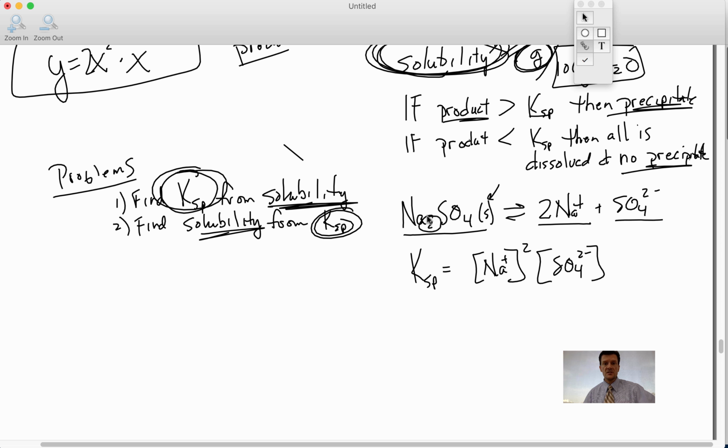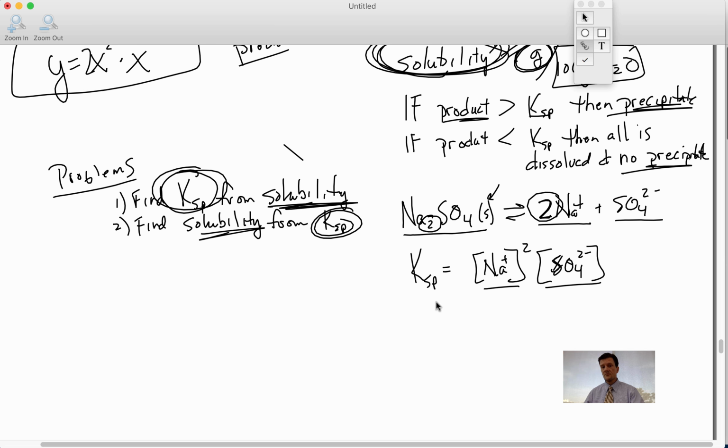Right here you see that there are 2 parts of sodium for every 1 part of sulfate ion. So you have to balance this. That means when I write my solubility product, the equilibrium constant expression, it is the concentration of sodium squared, don't forget that coefficient there, times the concentration of the sulfate ion.